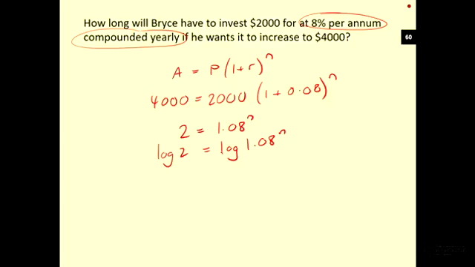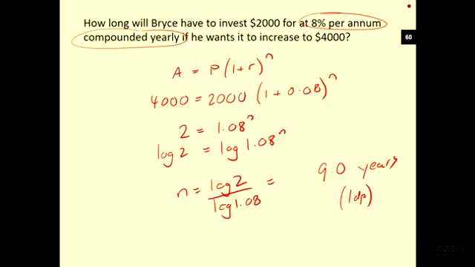The N comes to the front, we divide that, and N is going to end up being log 2 over log 1.08. It's going to be in years because we're compounding yearly. Log 2 divided by log 1.08 equals 9.00. Okay, it's 9 years. All right.